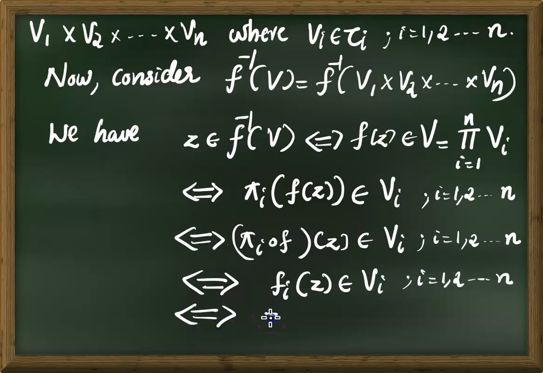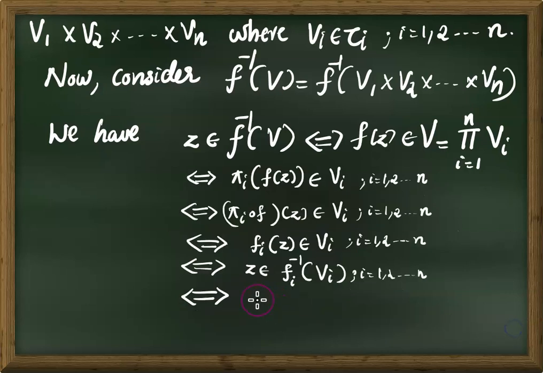This is possible if and only if z belongs to f_i inverse of V_i, where i varies from 1 to n. This is possible if and only if z belongs to the intersection of all these sets of the form f_i inverse of V_i, where i varies from 1 to n.